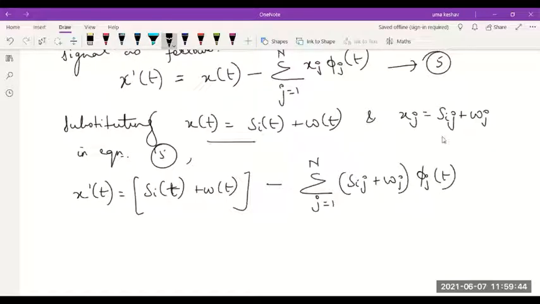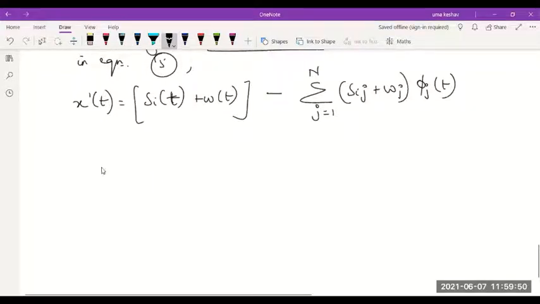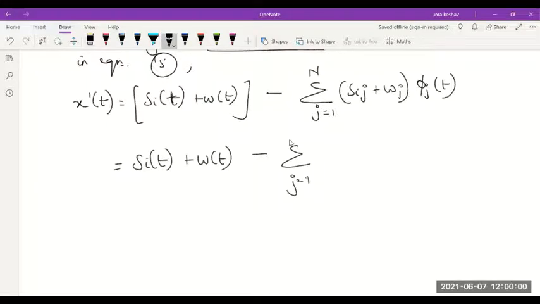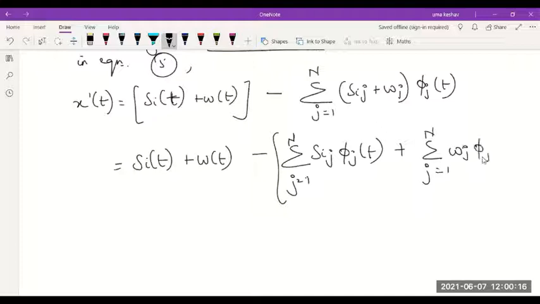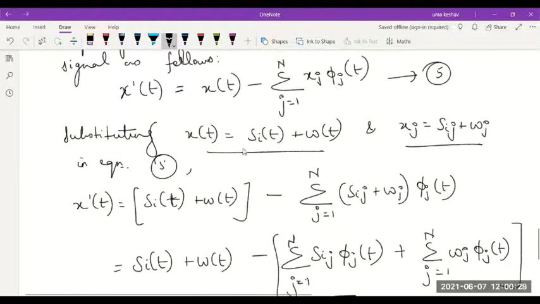We already have shown all this. So if I substitute and if I simplify next, what do I get? This is Si of t plus W of t minus, here j is equal to 1 to n Sij into phi j of t plus summation j is equal to 1 to n Wj into phi j of t. What is this value? Sij into phi j. That was your synthesis equation, yes or no? Do you remember the first equation which we wrote?